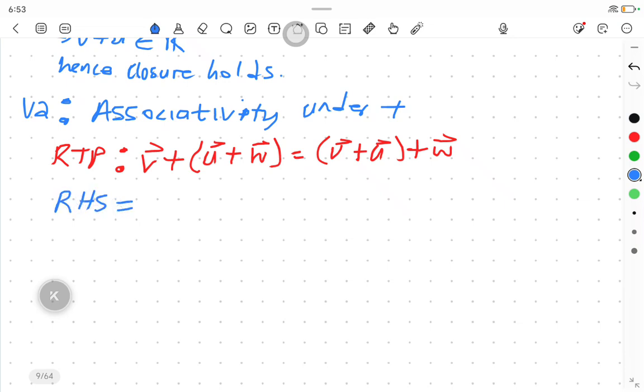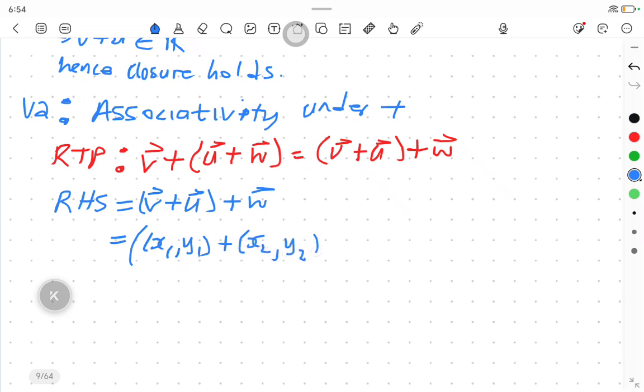The right hand side is what? This is V plus U plus W, which will just be equal to: this one is (x1, y1) plus this one is (x2, y2) plus this is (x3, y3).